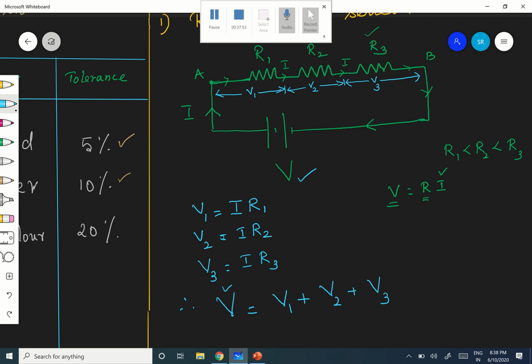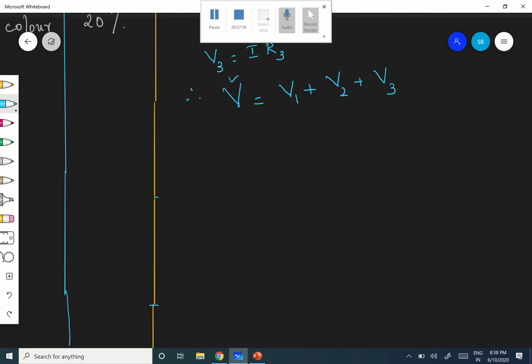Therefore, what is your V here? V, the total potential difference across all the resistors, is nothing but total current into total resistance of all the three resistors when they are connected in series.